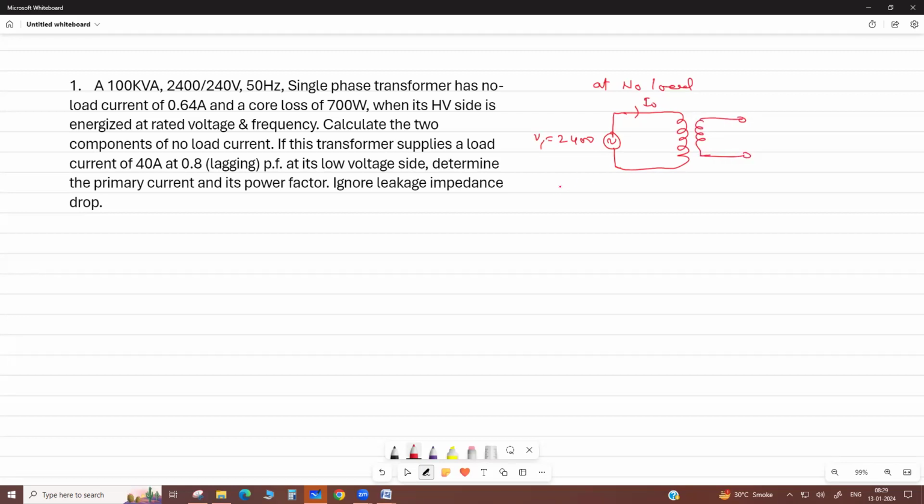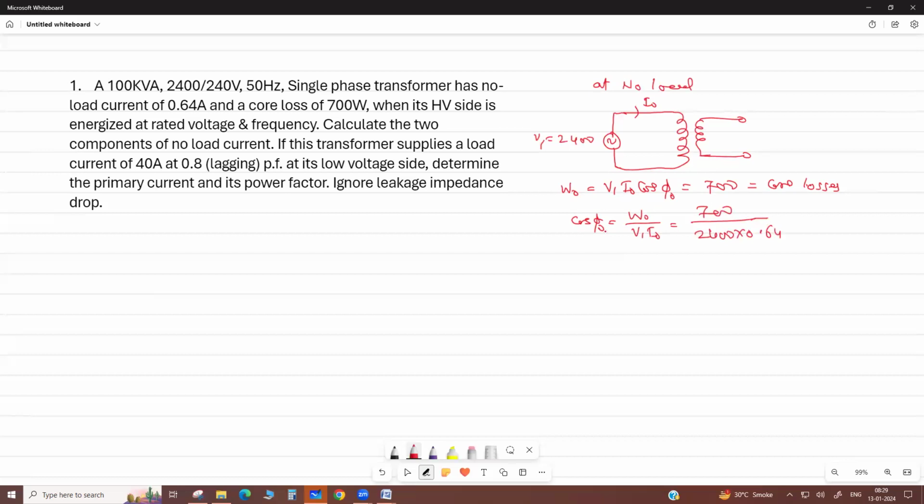Then what is the no load input? No load input is V1 I naught cos phi naught, that is 700, equals to core loss. Okay. So cos phi naught we can calculate, W naught by V1 I naught. Okay, so 700 by 2400 into 0.64.